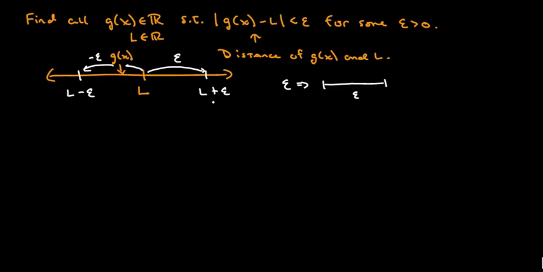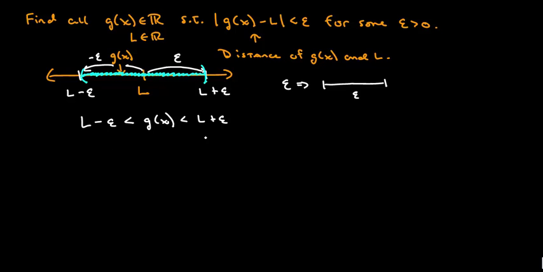So it's pretty easy to write now. What we have is that L minus epsilon is less than g of x, which is less than L plus epsilon. This white line is really this blue line, where we don't include the endpoints, because it's strictly less than.